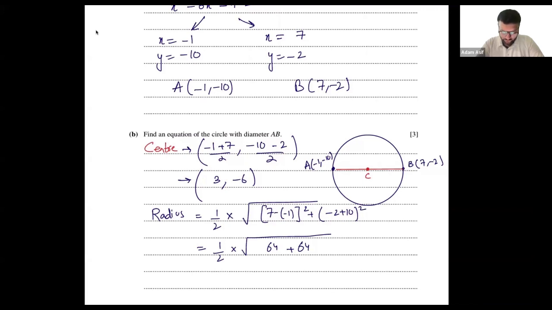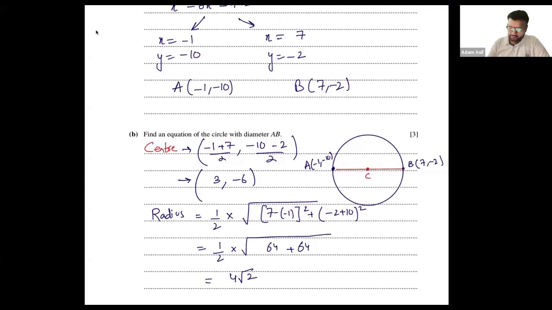Eight square 64 and 10 minus 2 square, that's also 8, that is 64. That's root 128 divided by 2. So in exact form, that comes out to be 4 root 2.